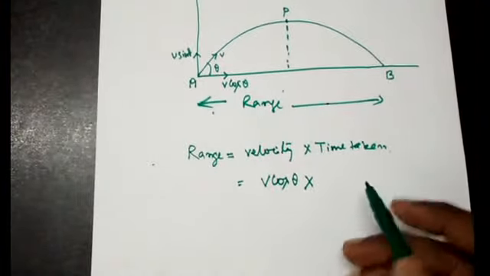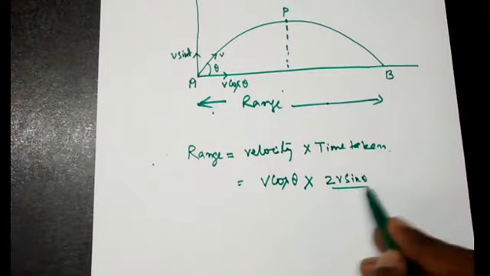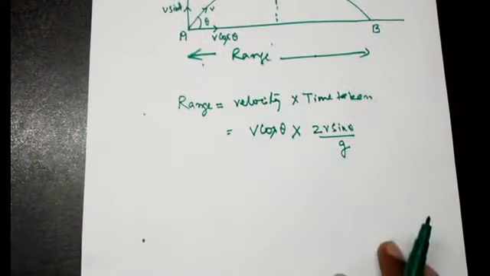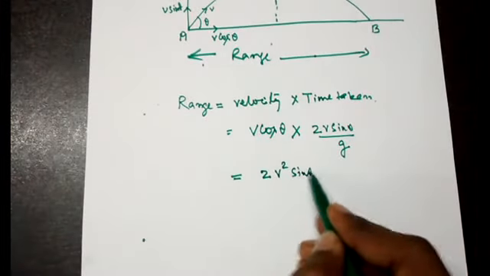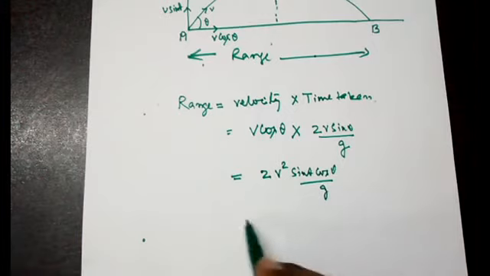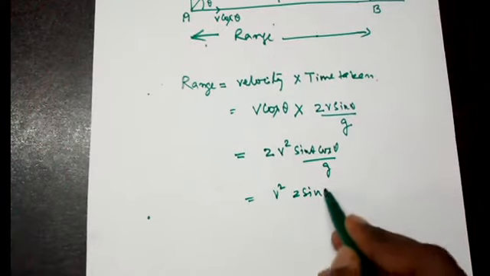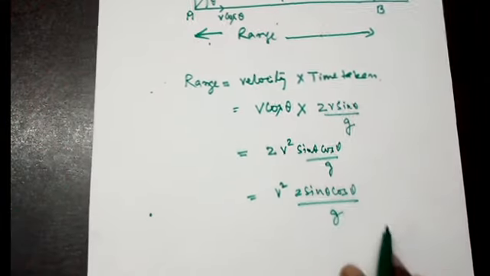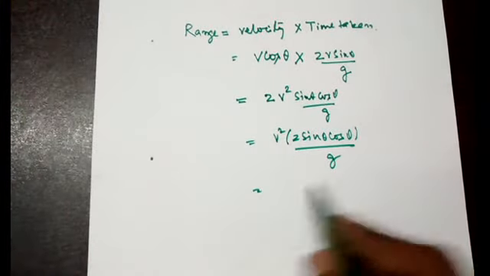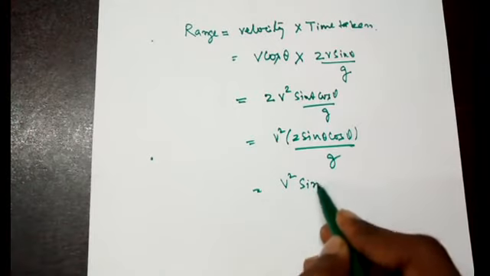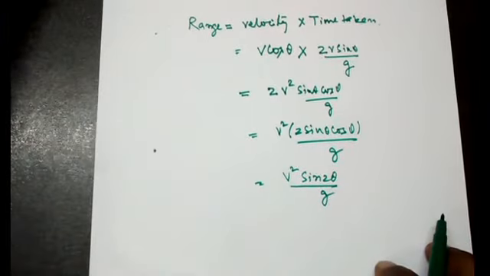Earlier we came to the conclusion that the total time of flight was 2v sin theta divided by g. So 2v square sin theta cos theta divided by g will be the expression. On rearranging we get v square times 2 sin theta cos theta divided by g, and 2 sin theta cos theta is equal to sin 2 theta, so it becomes v square sin 2 theta divided by g.